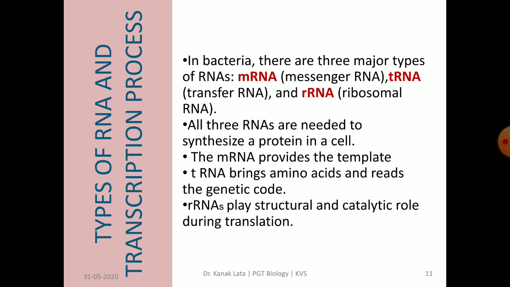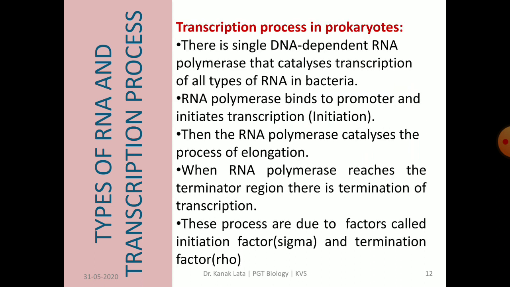So let us see what the functions of the 3 RNAs are. The messenger RNA provides the template. tRNA brings amino acids and reads the genetic information, and rRNA plays a structural and catalytic role during translation.